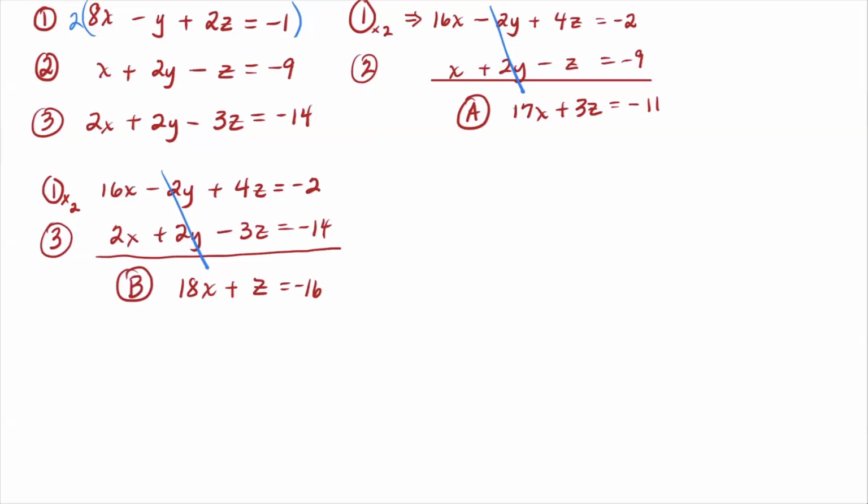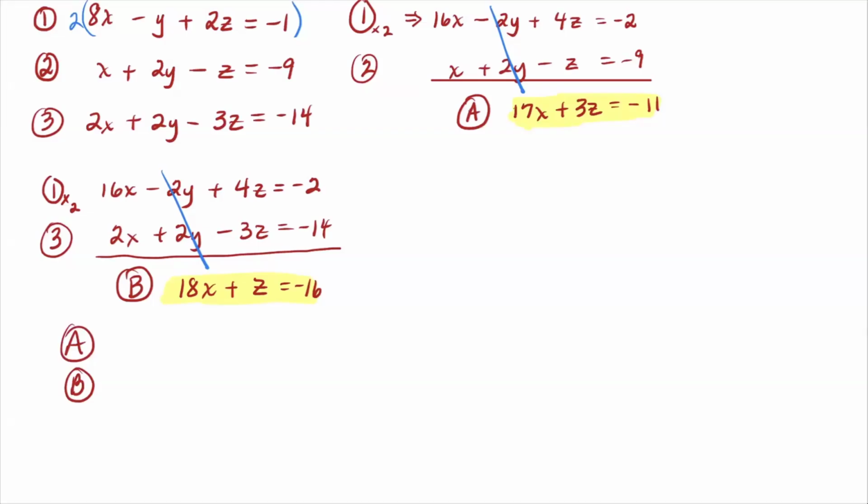Notice A and B now. A and B are equations that only have two variables. So we have two variables and two equations. So we've reduced the system from 3 equations and 3 variables to 2 equations and 2 variables. And now we're going to use A and B to figure out what we can do.